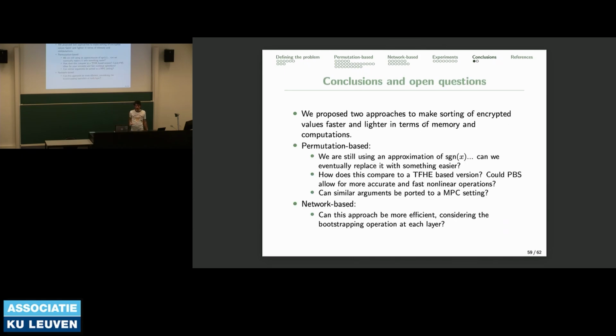So there are still a lot of open questions. For example, in the permutation-based approach, can we still avoid the first signum function? Maybe we can use the ReLU function somehow. That would be killer, because at this point, the main bottleneck in the procedure is really the signum function.